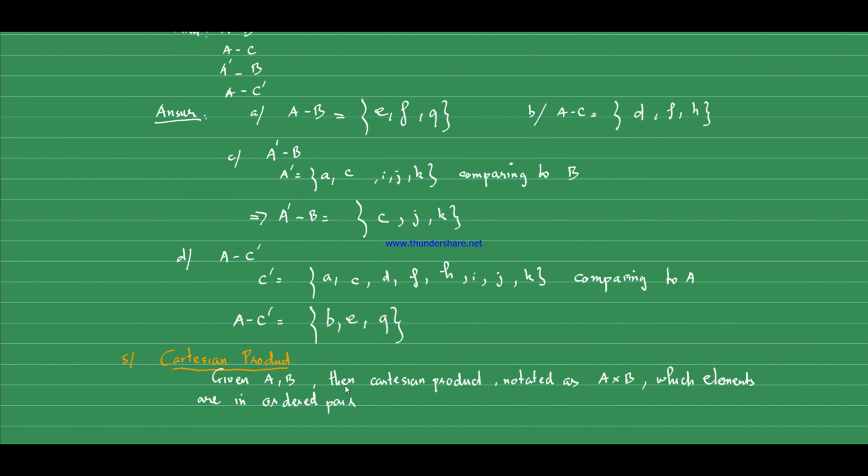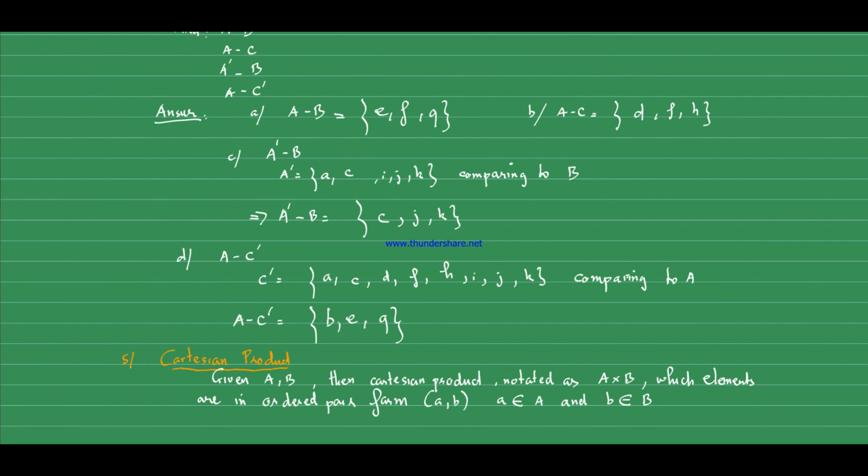And the ordered pair form, you already know, is something like this. We have an x component and a y component, right? The first component a is an element of set A, and b is an element of set B. Okay, so that's the definition.